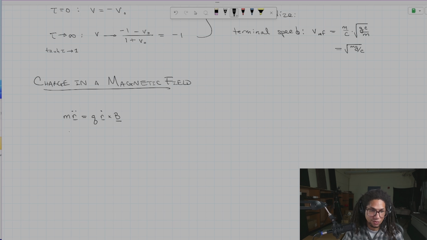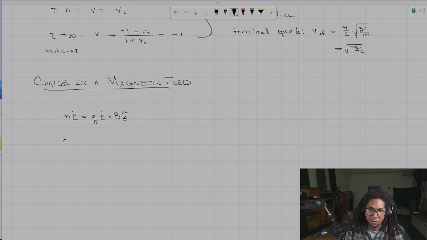Now, without loss of generality, let's just put B in the z direction, since we haven't actually fixed any of the directions of the problem yet. So I'm going to say B is B times z hat. There are several ways that we could work on solving this differential equation. But first of all, let me go ahead and non-dimensionalize it.